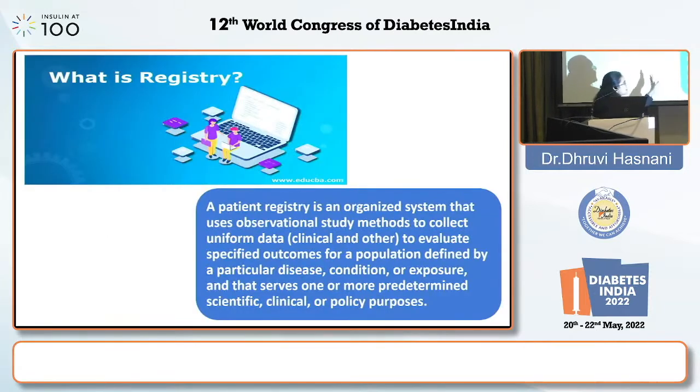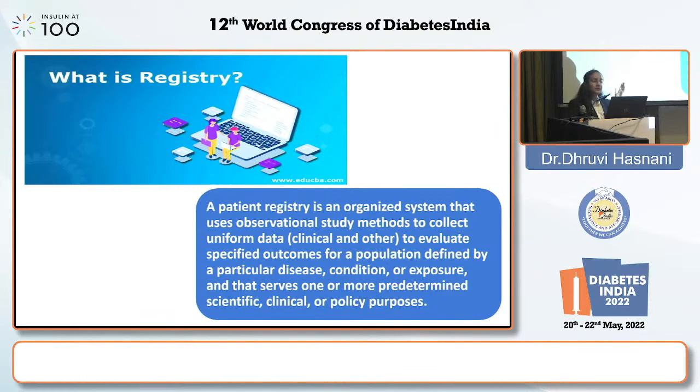So now what is a registry? We have to understand this, that there is a difference between EMR and registry. A patient registry is an organized system that will use observational study methods to collect uniform data, both clinical as well as other data, to evaluate specific outcomes for a defined population, for a particular disease.